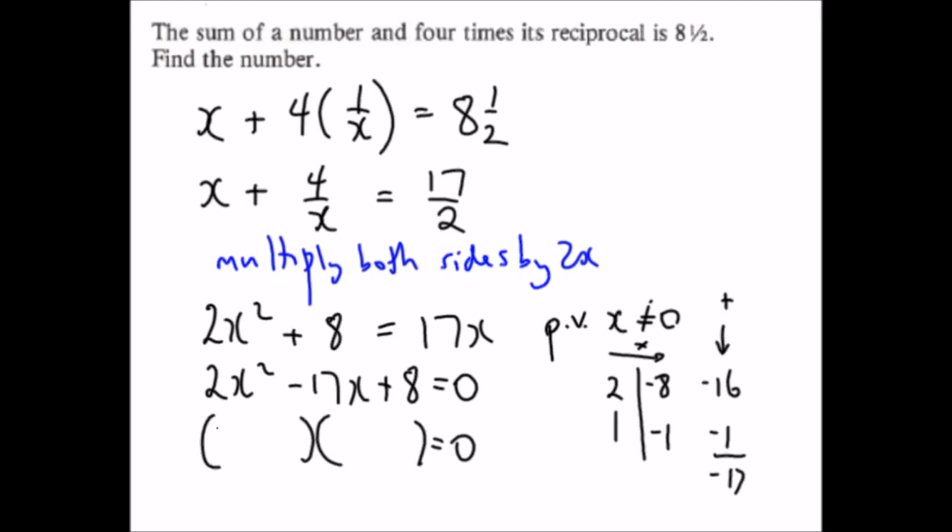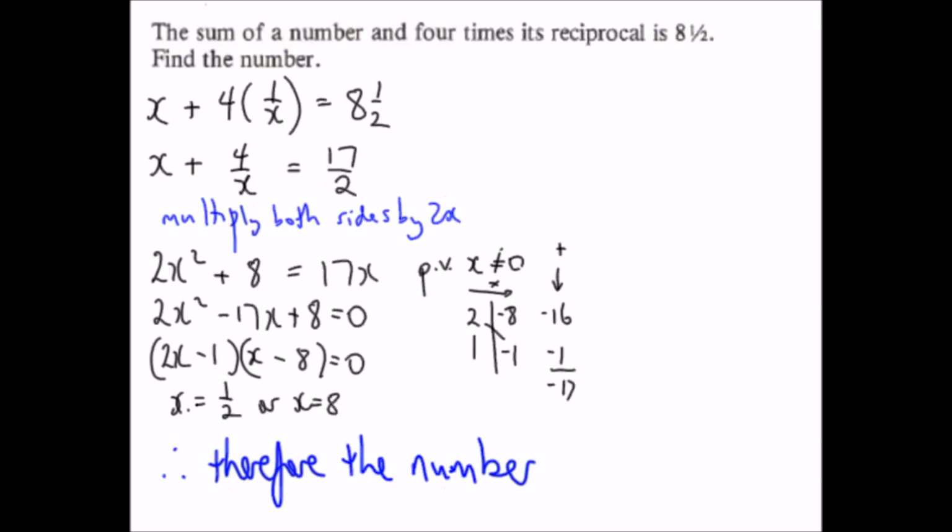So our factors will become 2x times by x for the 2x squared, and the 2 and the negative 1 are in one bracket, and the x take 8 in the other bracket. So solving, we end up with x equals a half or x equals 8. So these are our two numbers. So the number is either a half or 8.